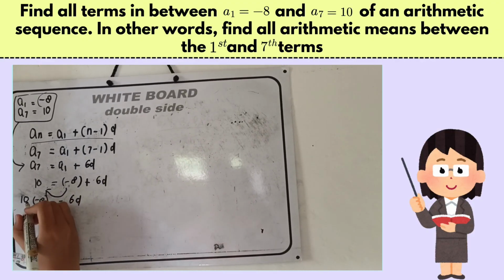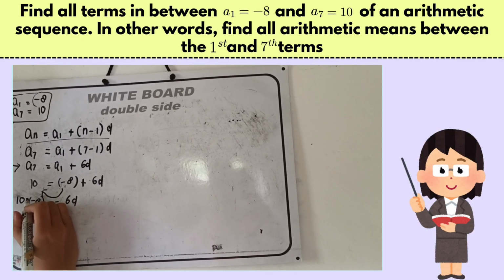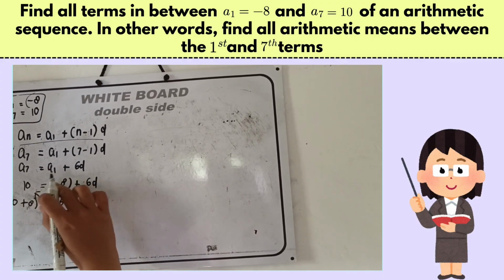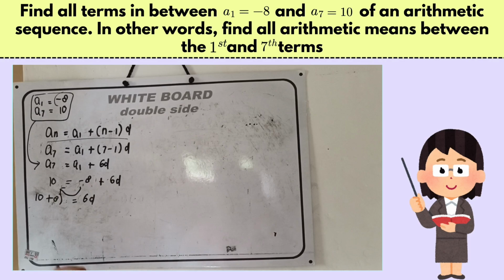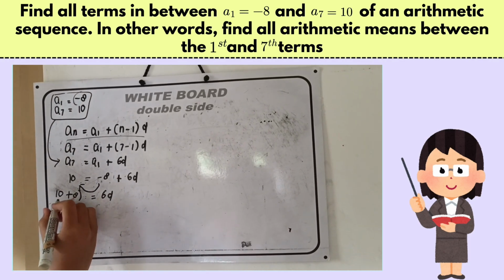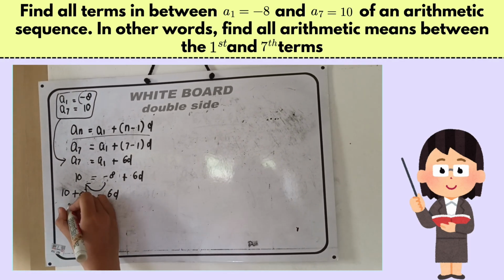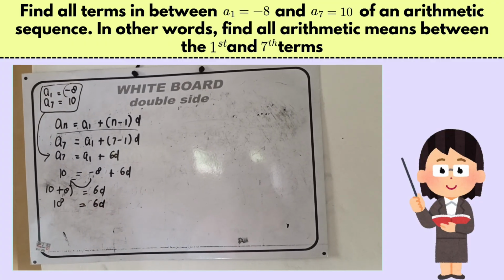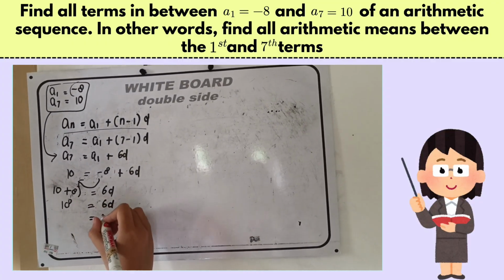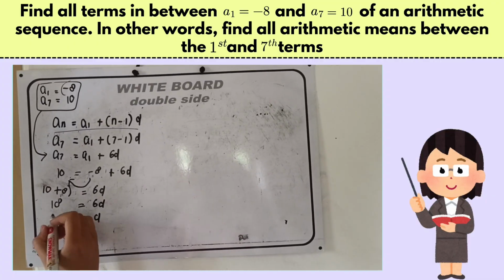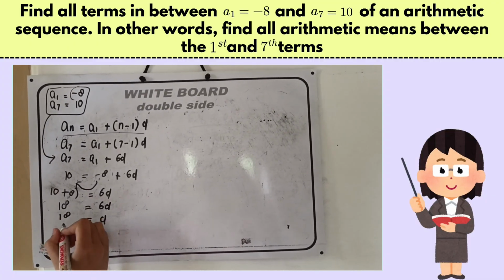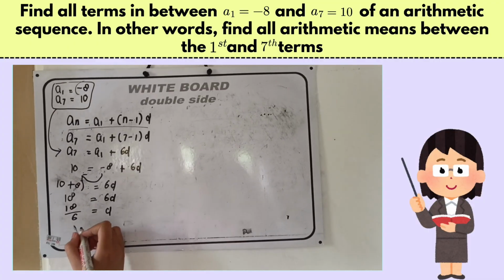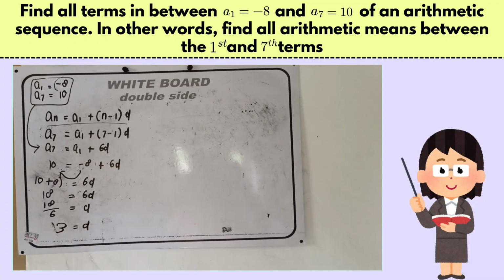Oh, sorry guys, this is a plus, sorry, plus. So we get 10 plus 8 is 18 equal 6d. So after that we can find d is 18 divided by 6, so d is 3.